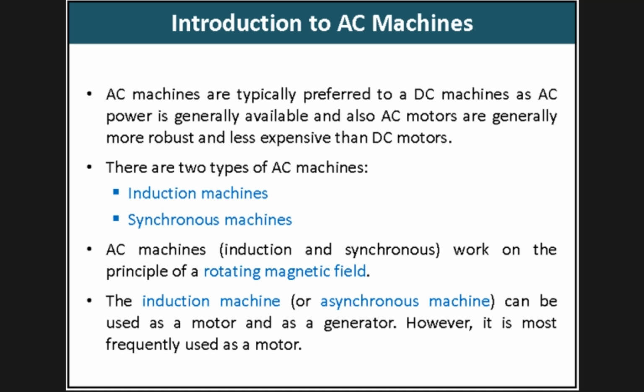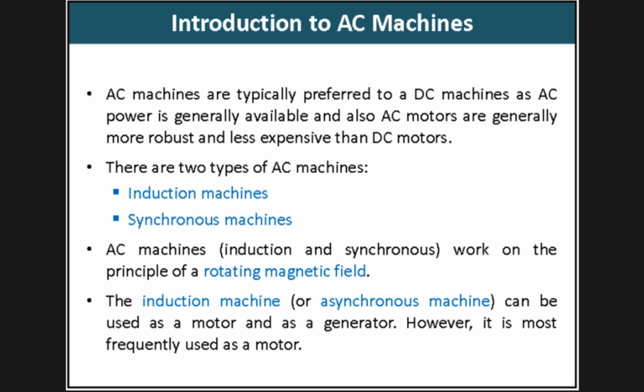AC machines are typically preferred to DC machines mainly because of the availability of alternating current as a commercial power supply, and also AC motors are generally more robust and less expensive than DC motors.